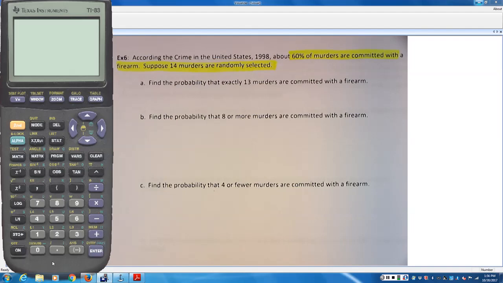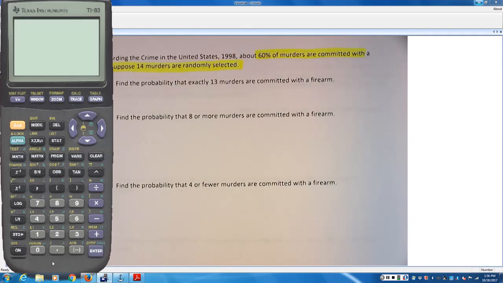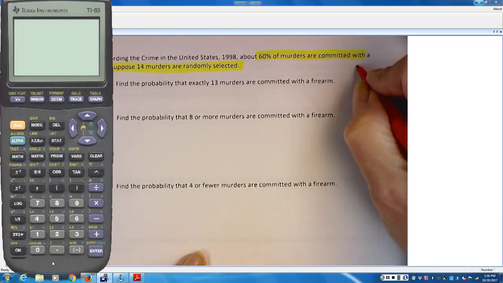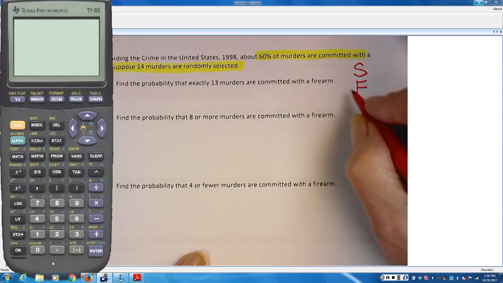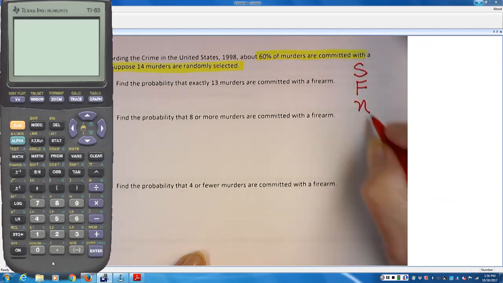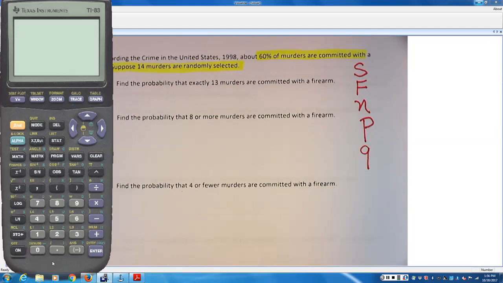I want you to identify success, failure, number of trials, probability of success, probability of failure.